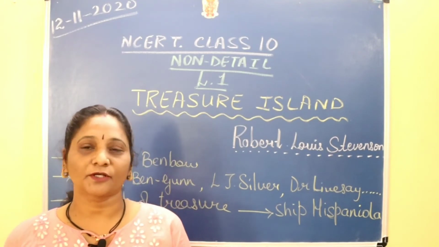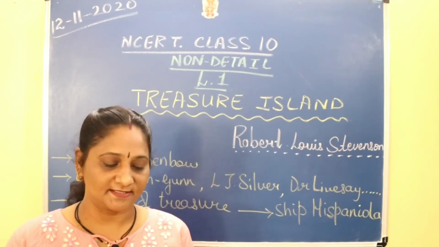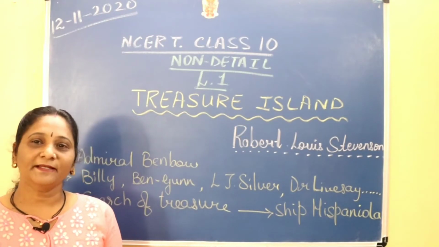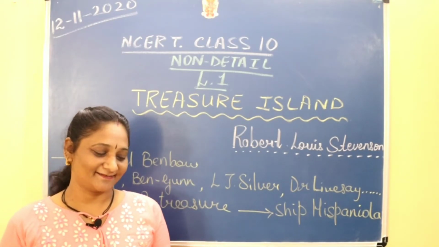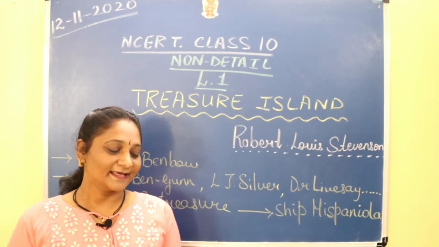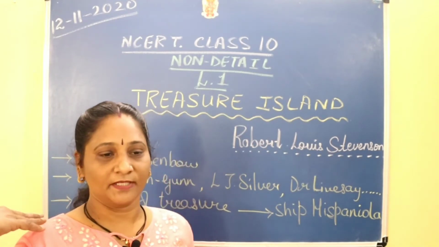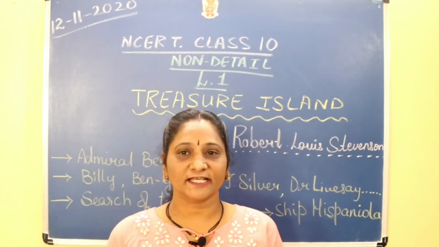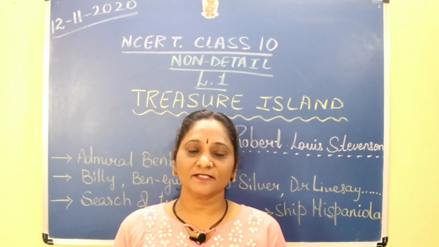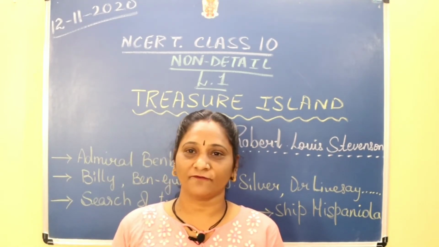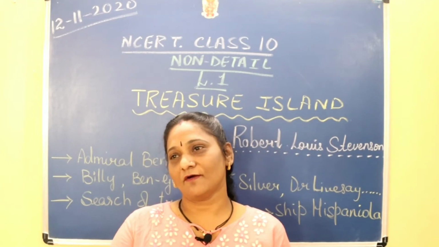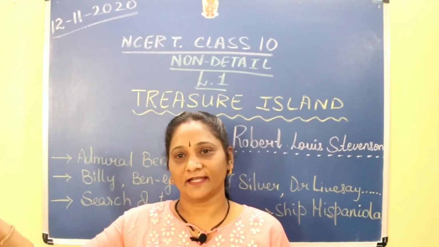So this Long John Silver had a parrot. He named it Captain Flint. He would keep the parrot on his shoulder and sing "pieces of eight, pieces of eight." So these songs are all connected to Treasure Island.